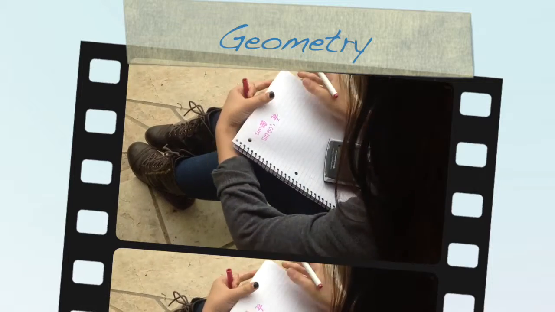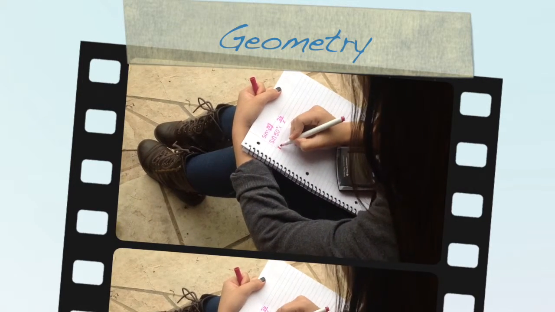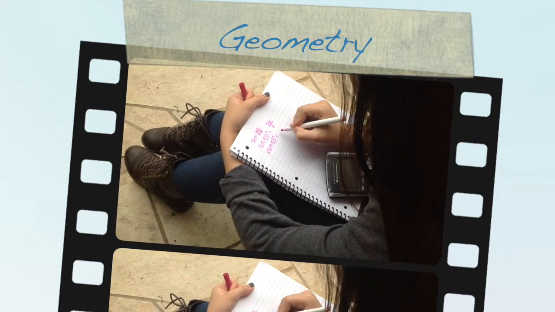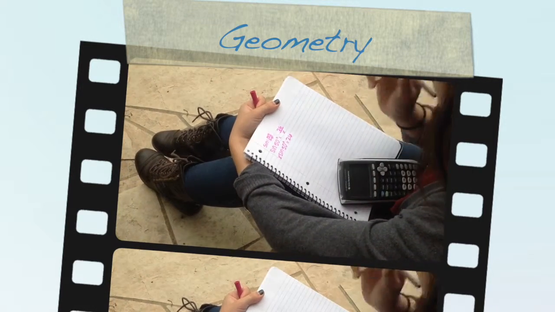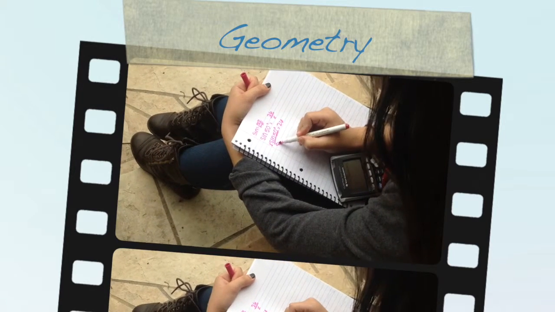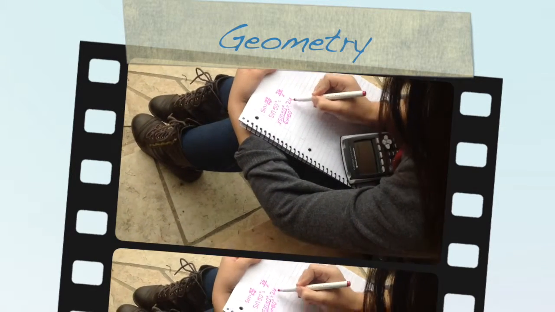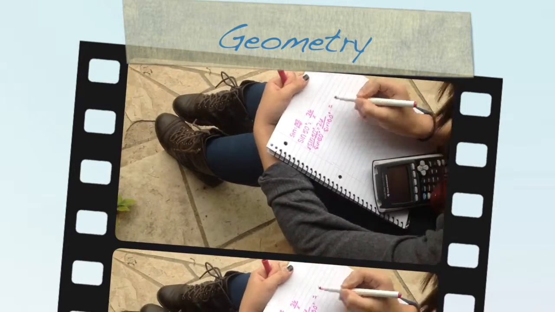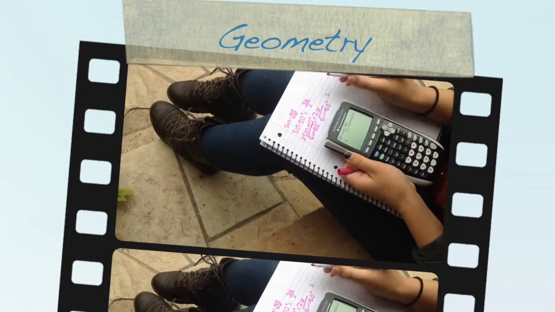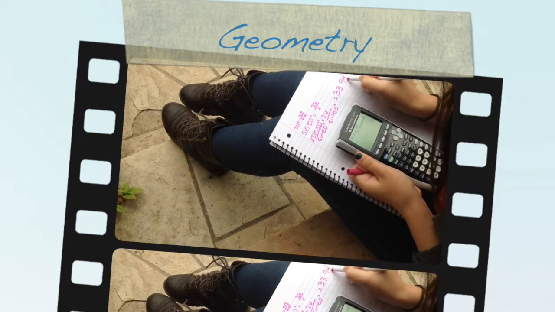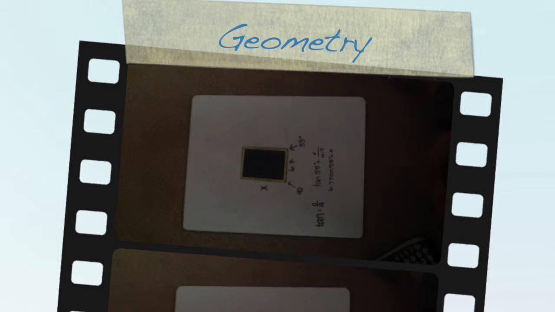And when you want to isolate the x, you go x times sin 50 equals 26. And now you want to isolate the x further, so you divide by sin 50. And that equals 33.94.